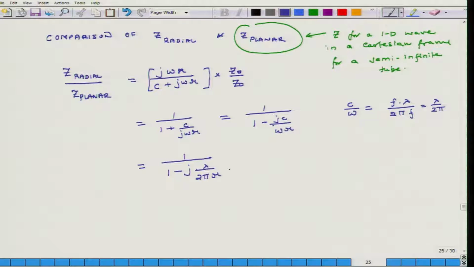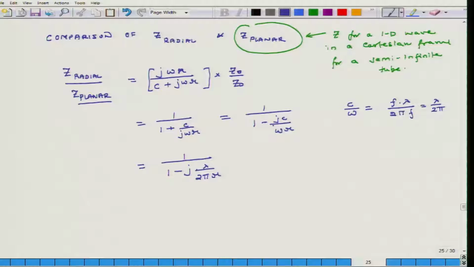While we are doing this, we must remind ourselves once again that z planar we are taking as z0, because what we are comparing it with is the z for a 1D wave in a Cartesian frame for a semi-infinite tube. For a semi-infinite tube, those are planar waves and the impedance is the same as z naught. We had developed that relation in the last couple of classes.